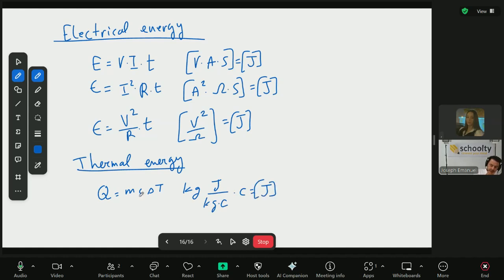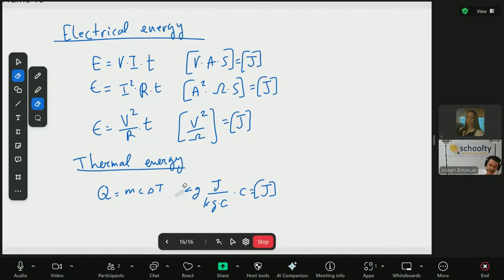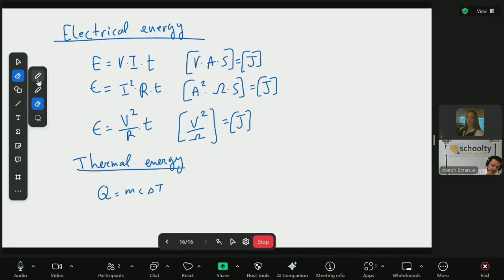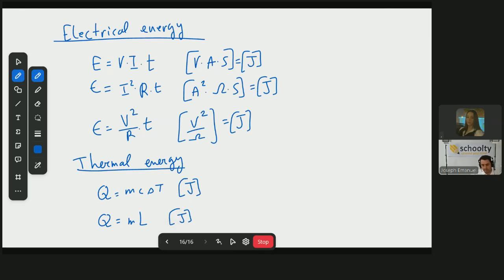The C is defined by this, so this is nothing here, this is just joules because of the C. You have heat, ml, also G, there's nothing to like also here is L because L is defined by this.